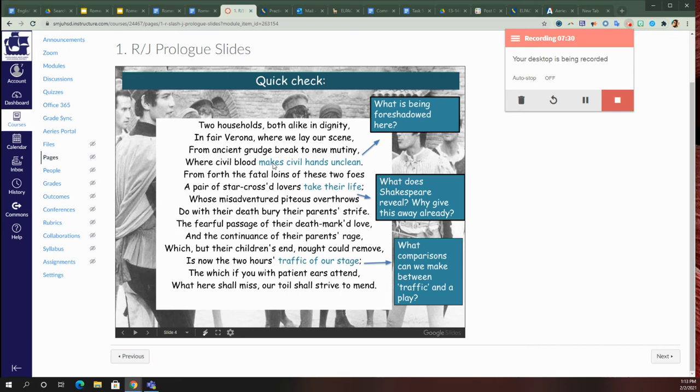And in this prologue, Shakespeare is saying that this 2 hours worth of coming and going of characters moving about is similar to traffic, right? And so I want you to think about, what comparisons can we make between this jostling or this rushing back and forth between characters and the action or the pace of the play and the speed at which things take place.